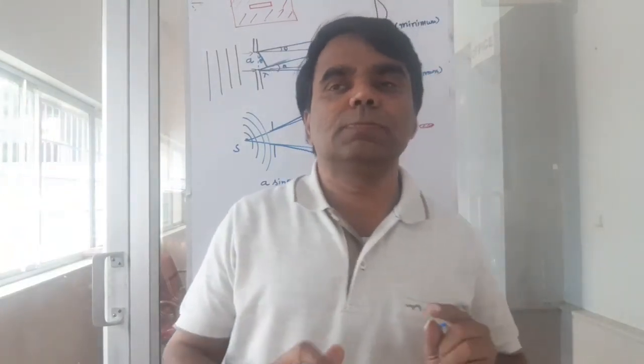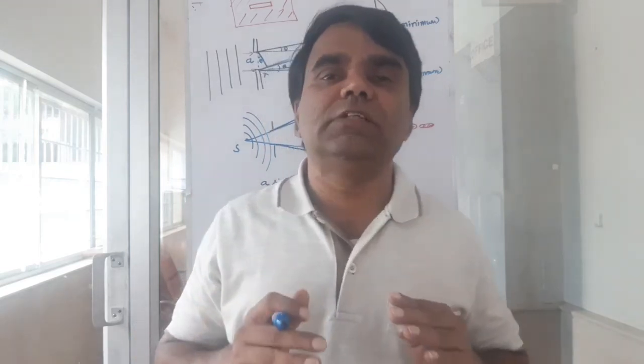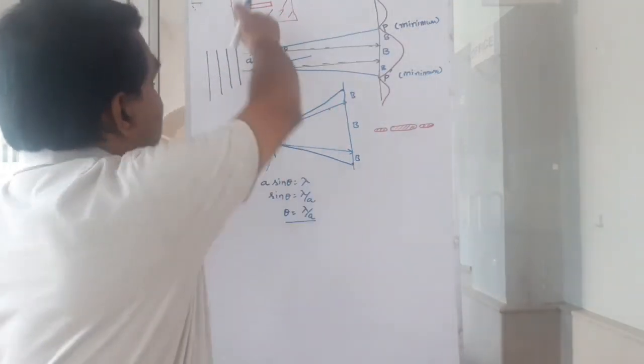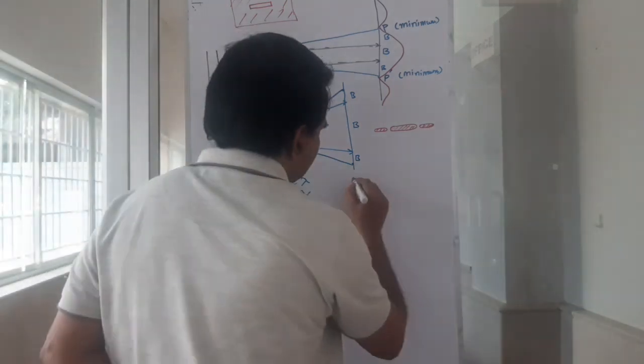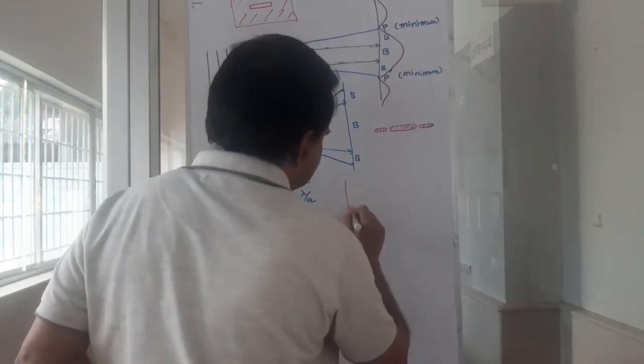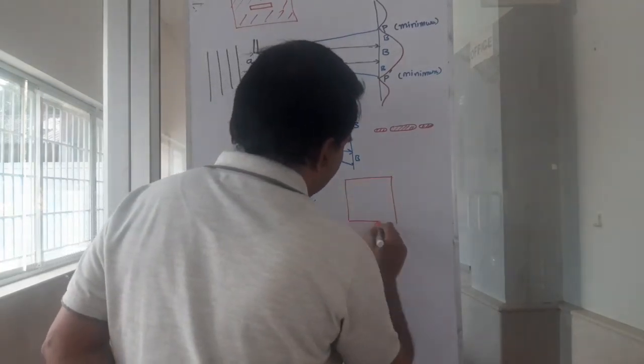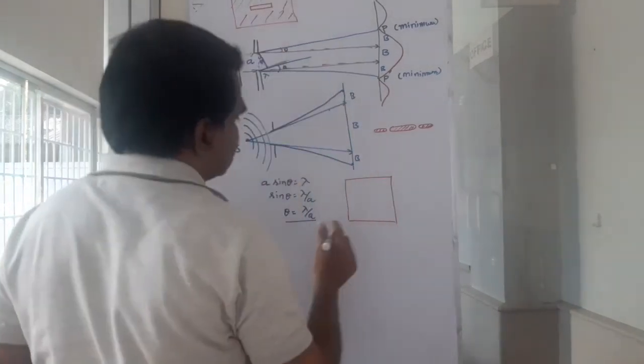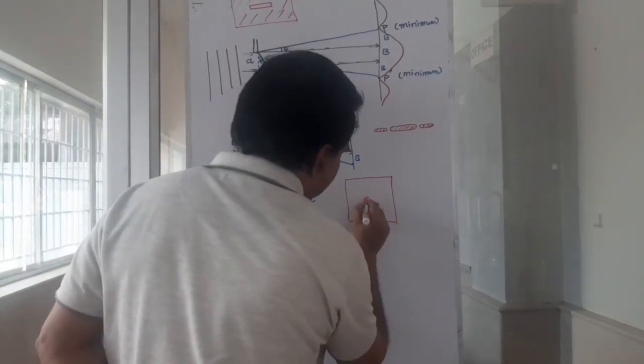Well, what if you have a circular aperture? Instead of a slit like this, I'm going to have a circular aperture. So this is the sheet. Instead of a slit in the sheet, I'm going to have a circular aperture.